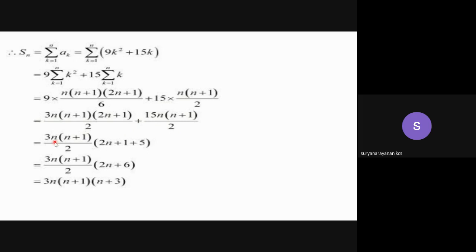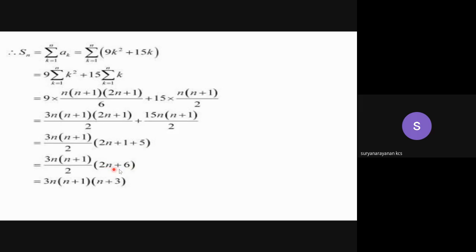So here, 3n into n plus 1 by 2 is a common factor. We have taken it out, and we wrote the remaining part. So 2n plus 1 plus 5. That is equal to 3n into n plus 1 by 2 into, after simplification, 2n plus 1 plus 5 is equal to 6.